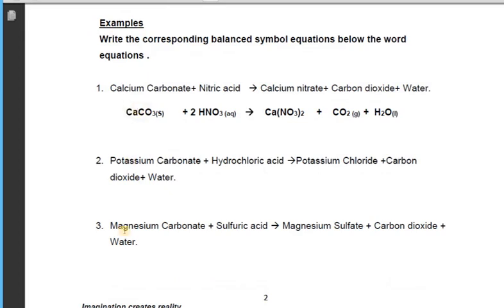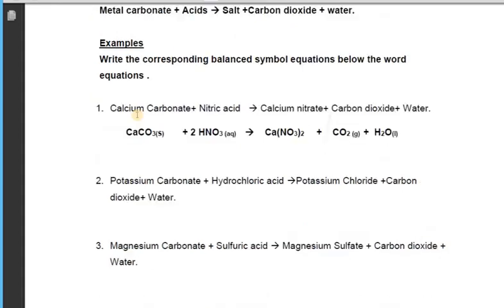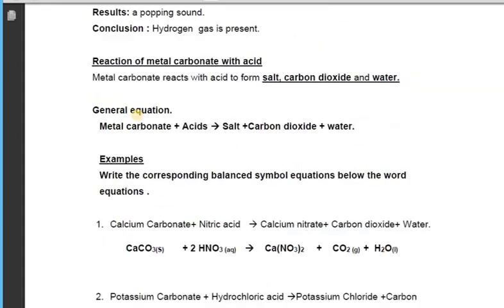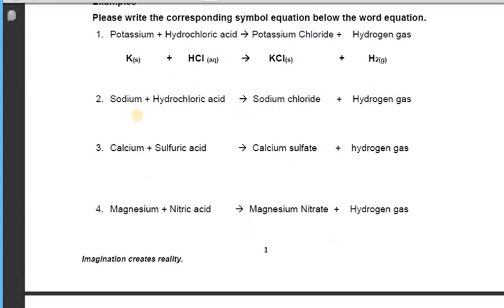I mostly made use of group 1 and group 2 metals. But remember, you can also take from the transition metals. You can say lead, or iron reacting with acid, or copper reacting with acid.